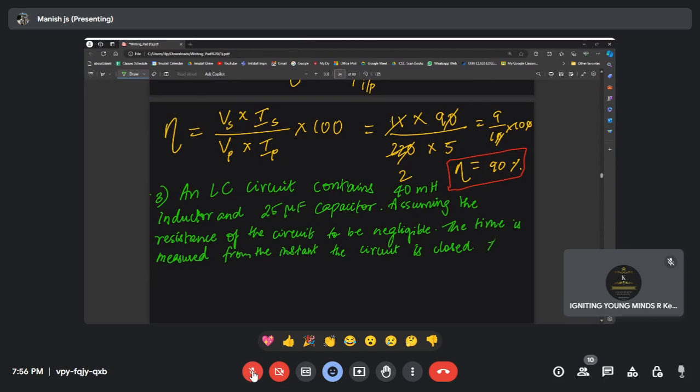Now, the energy stored in the circuit is completely magnetic at times, that is in milliseconds.